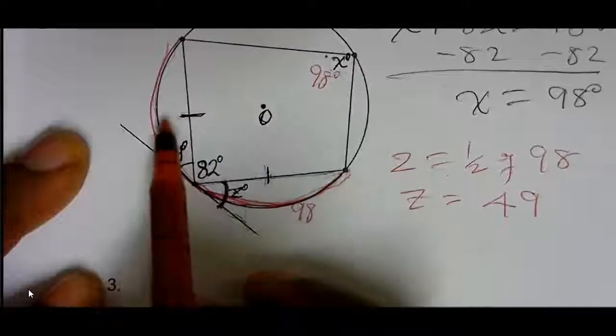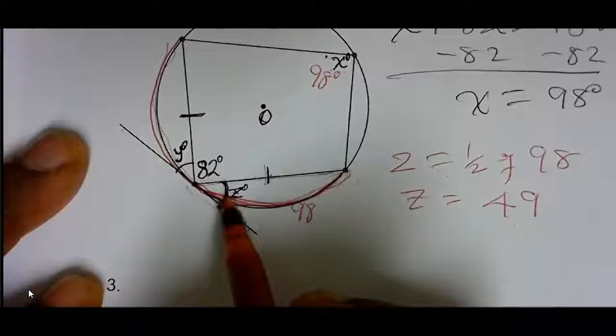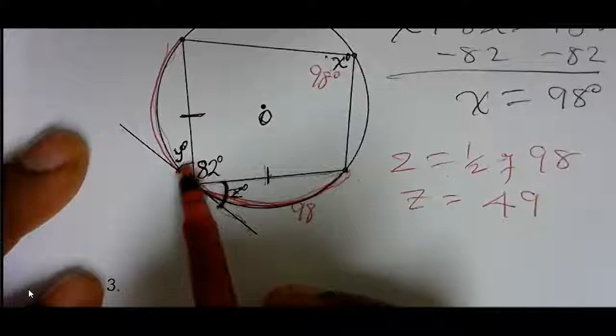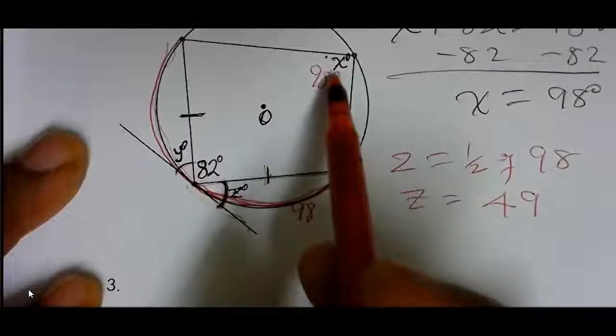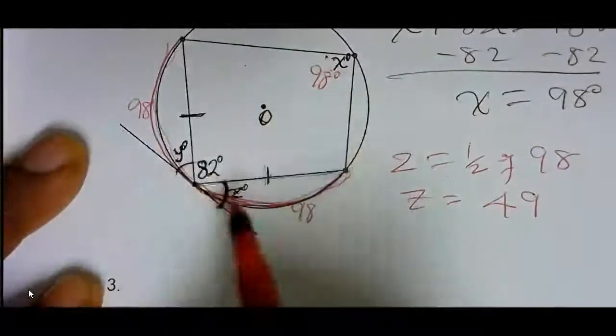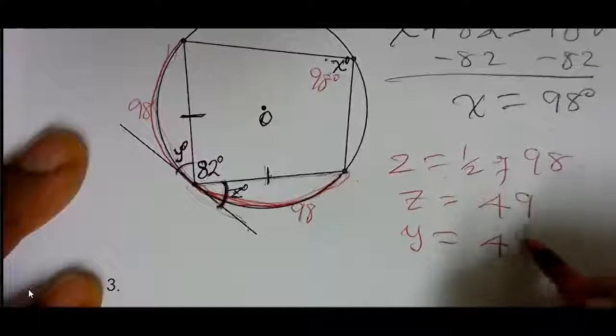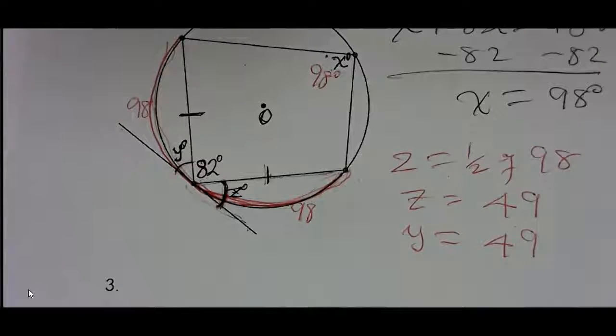That symbol shows that the two segments are equal. Therefore, angle Z is going to equal angle Y as well, because this arc is 98 as well. So Y will also equal 49. Okay.